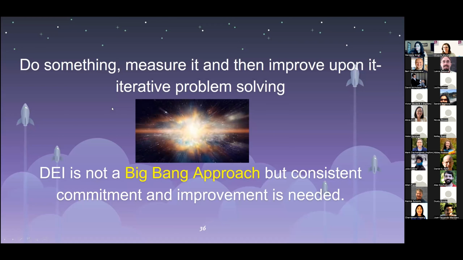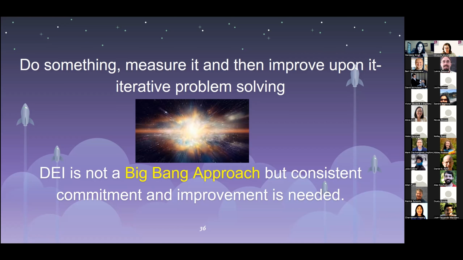Yes, okay. Thank you. So the big thing to remember about diversity, equity, and inclusion is do something, measure it, and if it's not working, change it, improve it. So it's an iterative problem solving. It is not a big bang approach. You can't do it once and then you're done and everything is good.